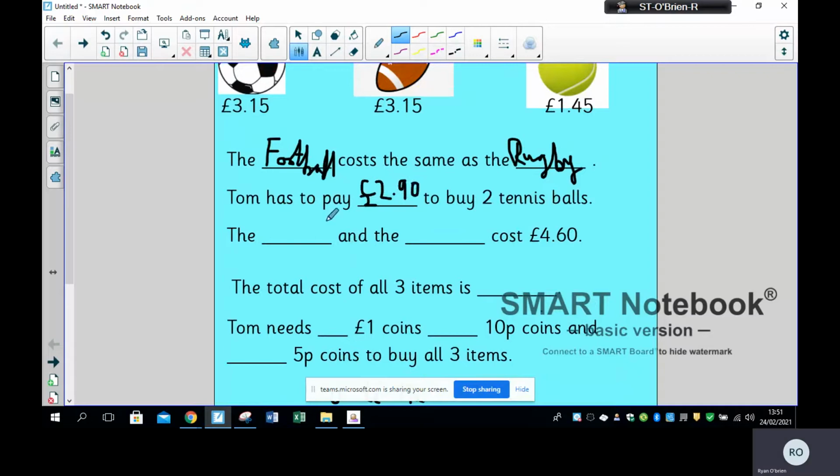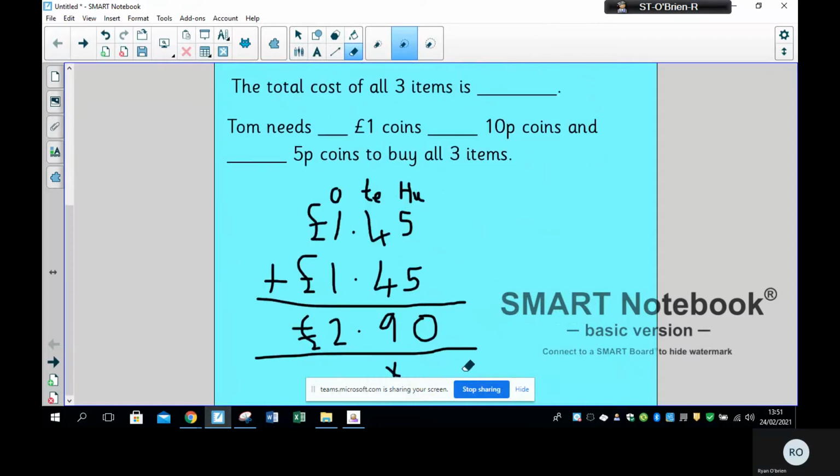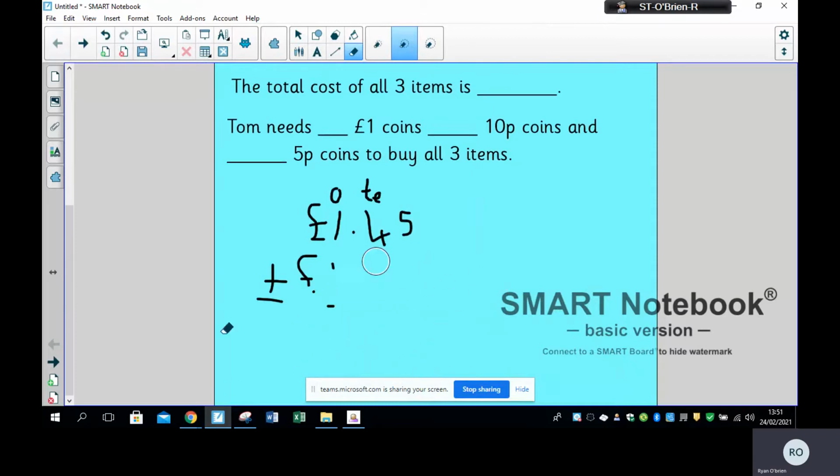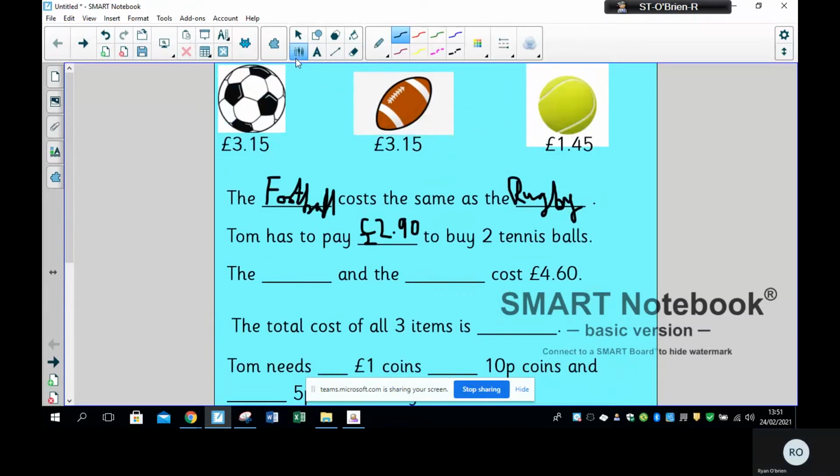The next one: the and the cost £4.60. I'm going to do some trial and error this time. Now you might be able to work this out in your head, but I need to make them add up to £4.60. I'm going to estimate and rule some out.